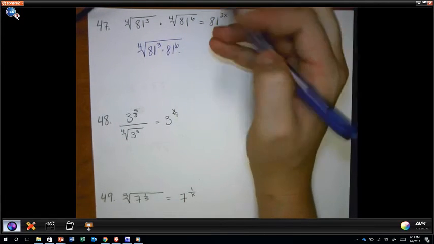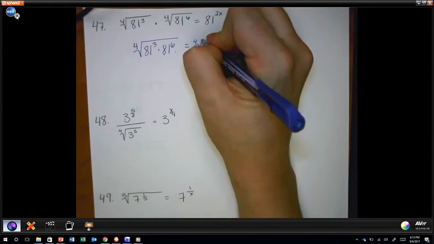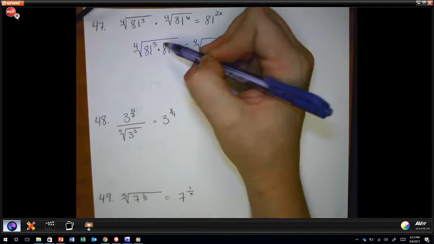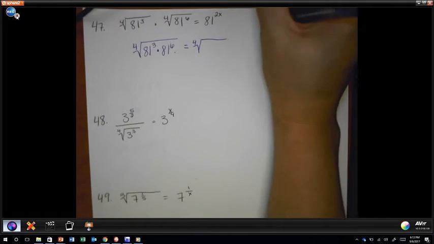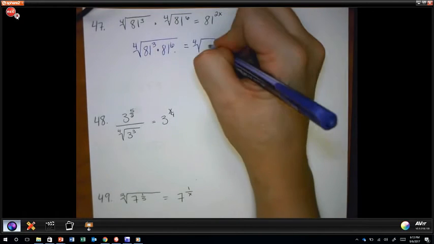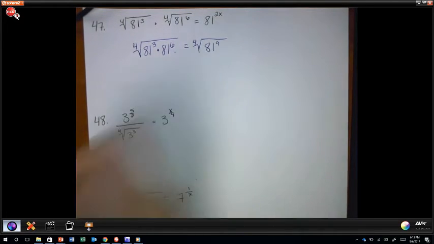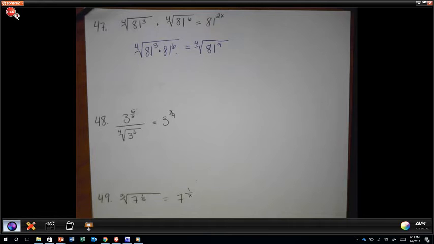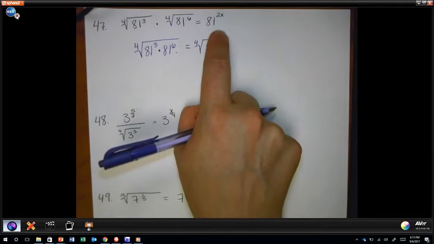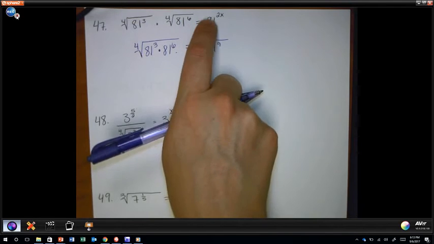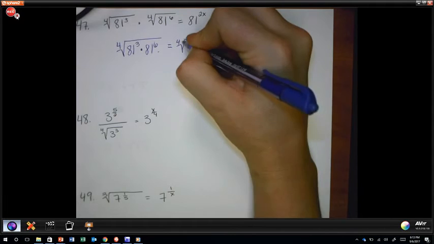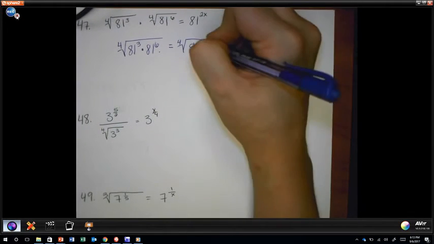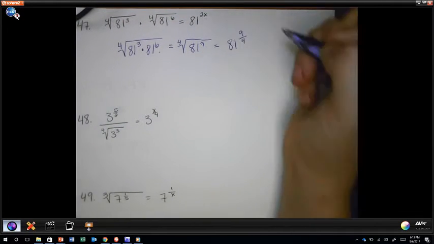My bases are the same, so I can simplify that using the power rule, which is the first rule we talked about at the very beginning. That means I add my exponents, 81 to the 9th. I can now change this into exponential form because there's no radical in my answer. My index becomes my denominator, and my exponent becomes my numerator.